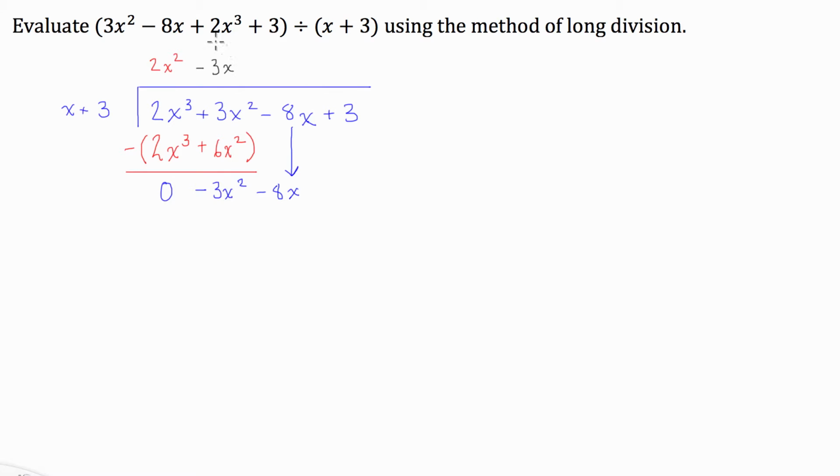Then negative 3x multiplied by x is equal to negative 3x squared. Then negative 3x multiplied by positive 3 is negative 9x.